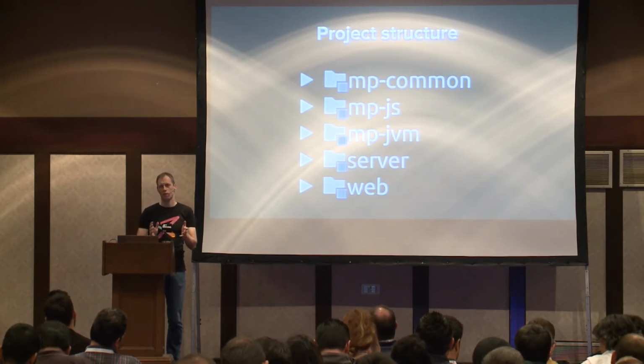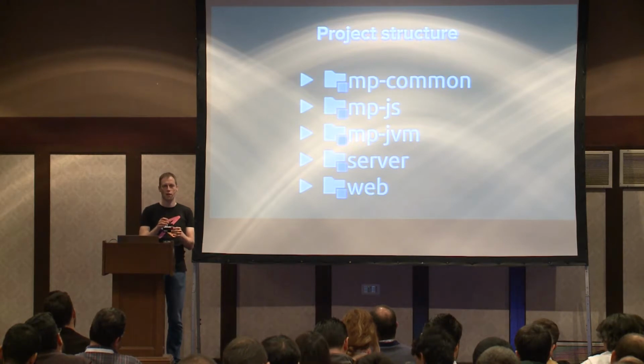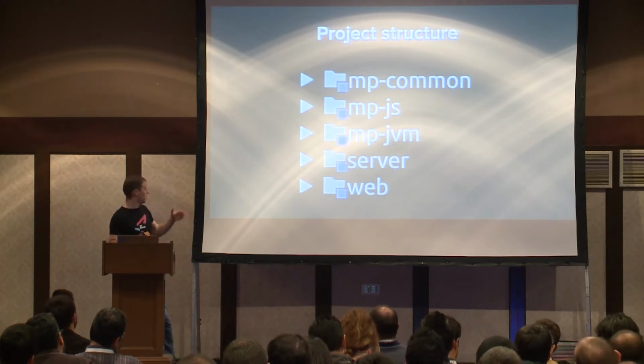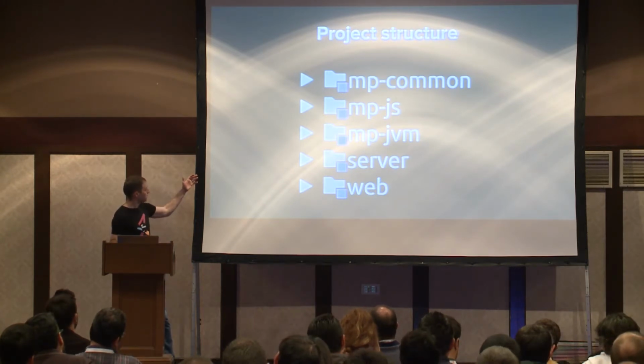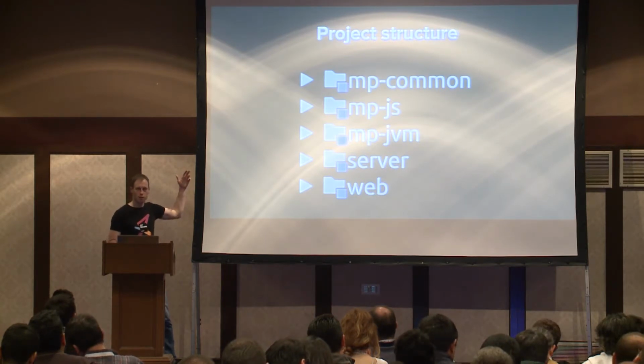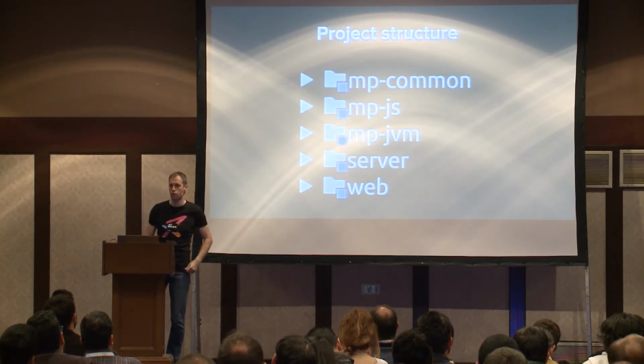This might be useful because Kotlin on Android is not the same Java that we have on JVM on desktop, for example. And we will have server, which is the backend written in Kotlin JVM. This is a normal module. And web, which is a Kotlin JavaScript module to write UI.